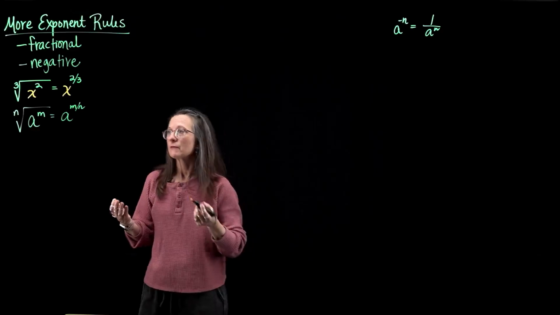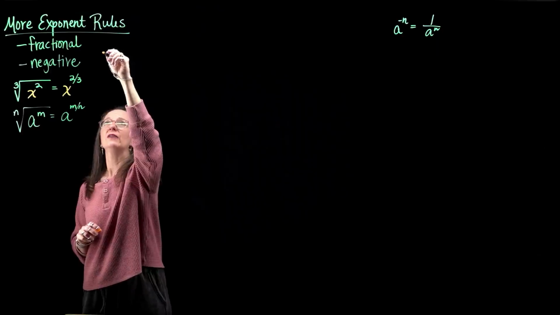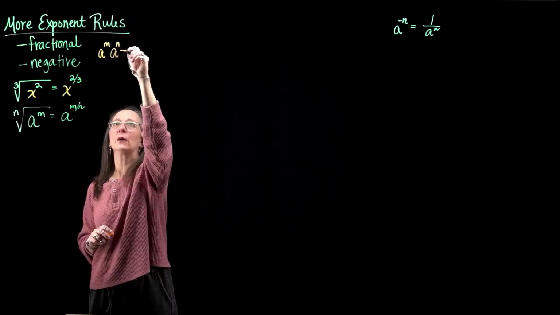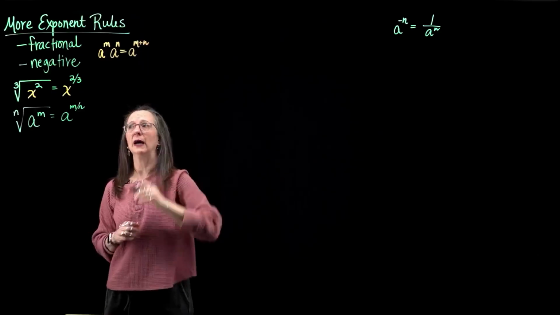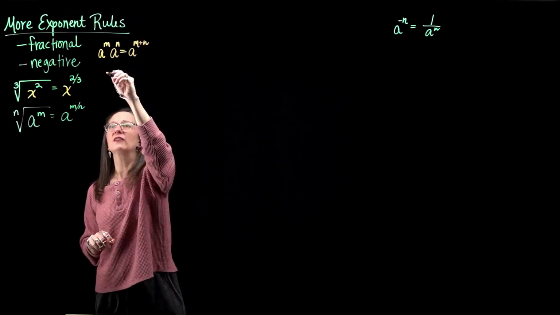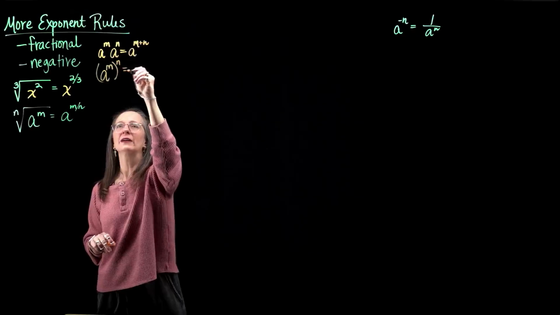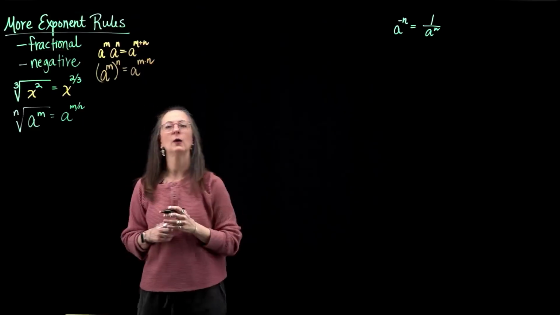Now, we remember, if I have a to the m times a to the n power, this is a to the m plus n power, right? And if I've got a to the m raised to the nth power, this is a to the m times n power.